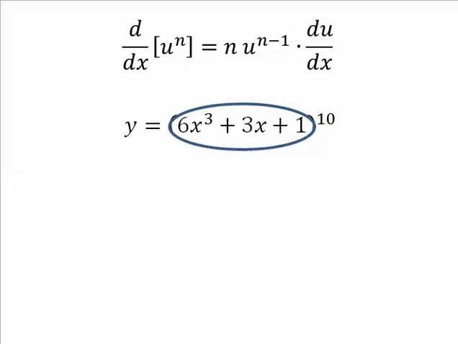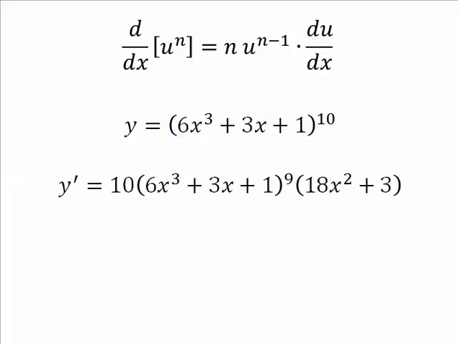Using the general power rule, we've got 10 times the inside to the 9th power times the derivative of the inside. Okay, so let's break this up into pieces. So we brought down the 10, and then our new exponent is 10 minus 1, 9.